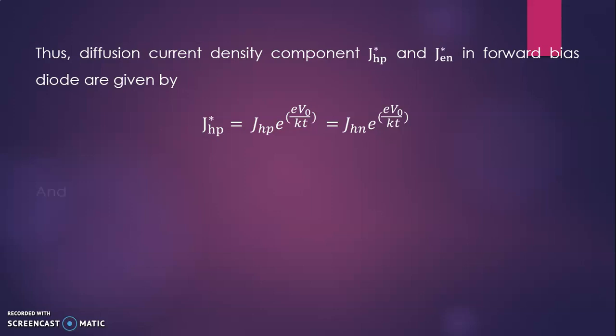Now similarly we can write J star suffix EN, that is the diffuse current density component of electrons in the N side, which is equal to J suffix EN into e raised to eV naught upon kT.